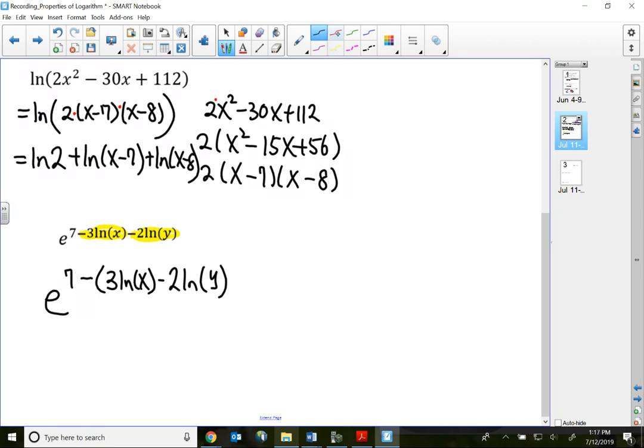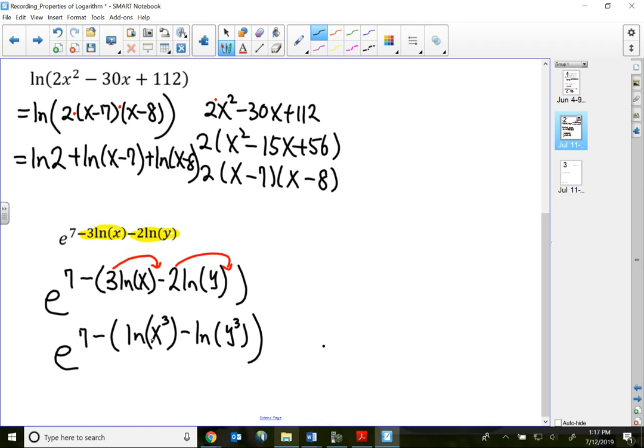So backwards means I will take these coefficients that are in front of my natural log, put them back on the exponents. Okay, so in that case, they will look like e to the 7 minus natural log of x to the third minus natural log of y to the third.